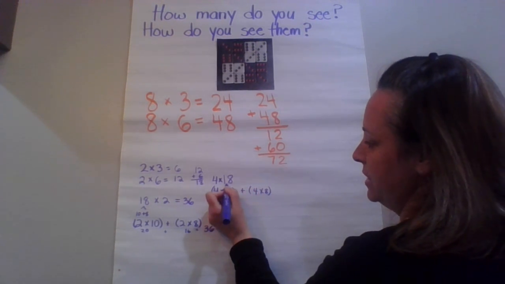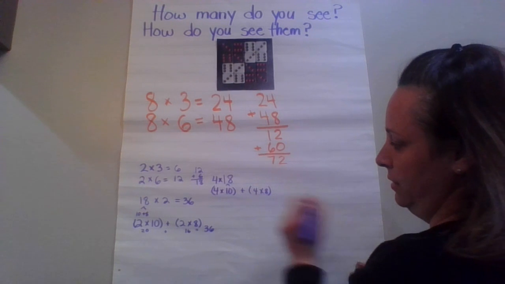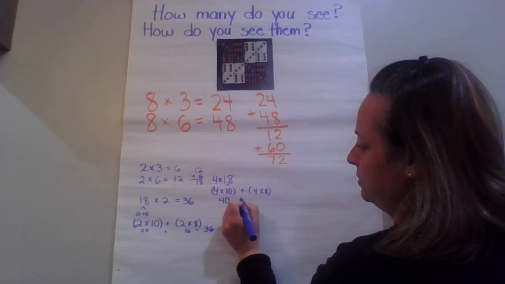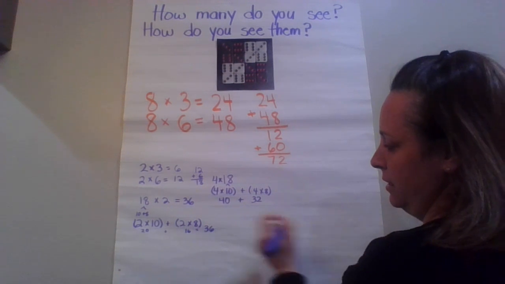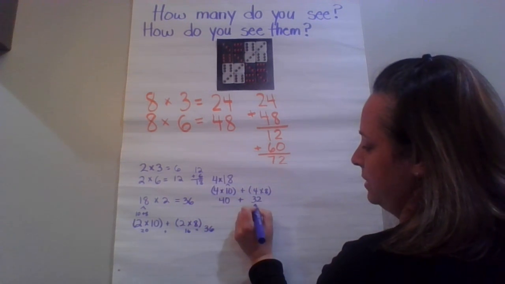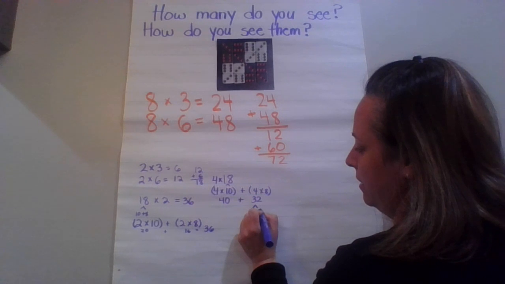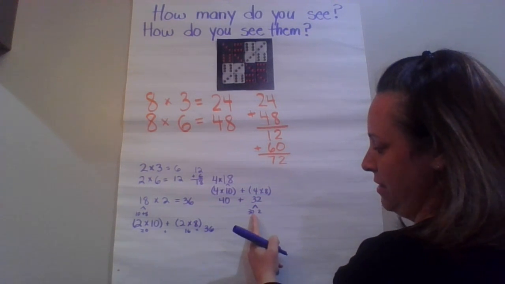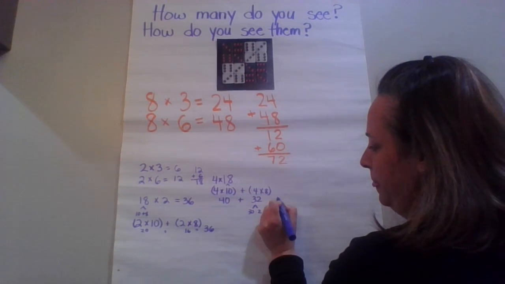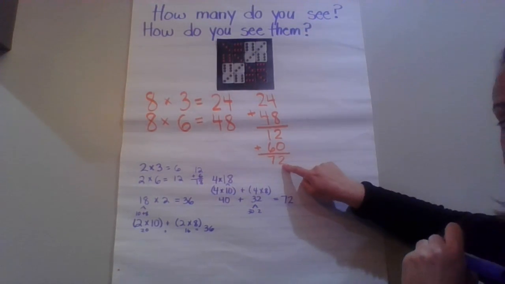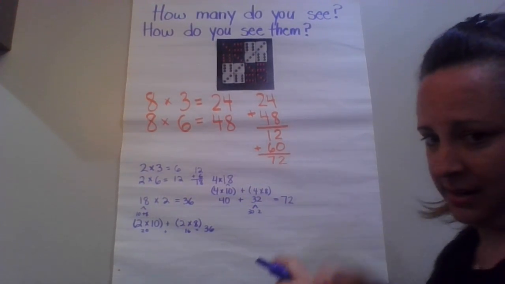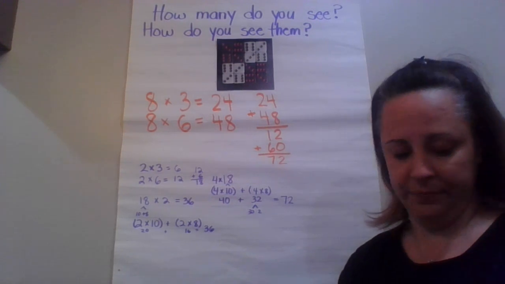I can decompose that. So I have 40 plus 32. I have 40 plus 30 is 70, plus 2 more is 72. Did I get the same answer? I did. That's awesome. Great job.